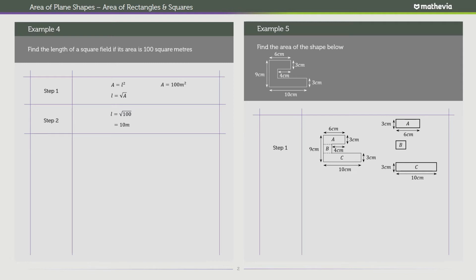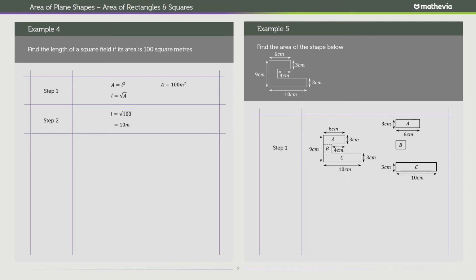Let's start off with the breadth, basically the vertical dimension. If you look from the top of the shape to the bottom of the shape, everything there is 9 centimeters.